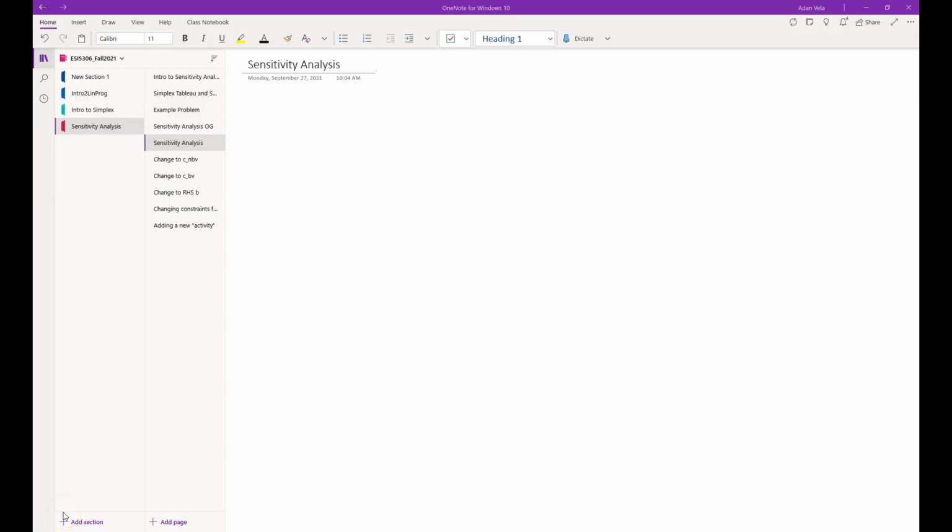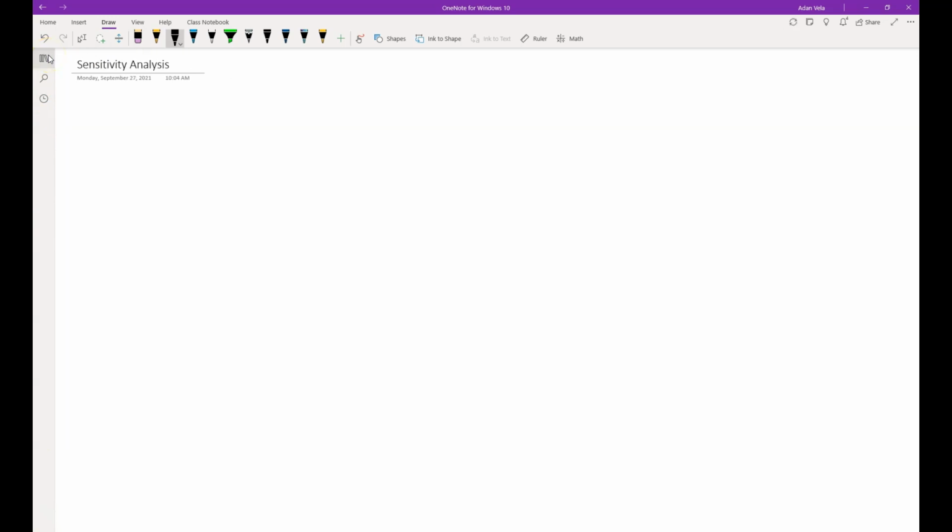All right, so to review, what we're going to begin by doing is framing out all the critical equations that we're going to use as part of any sensitivity analysis. So to start with, it's going to be a good idea to first recall how we structure our optimization problems.